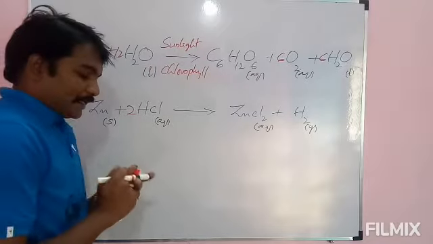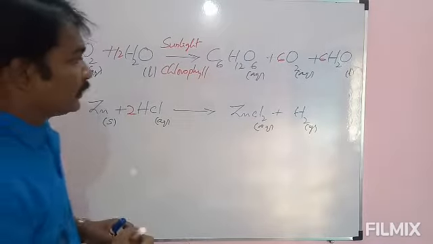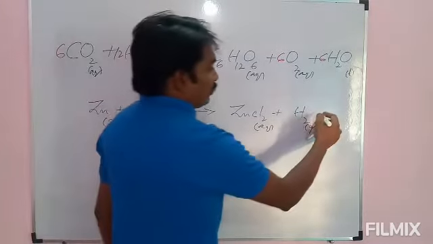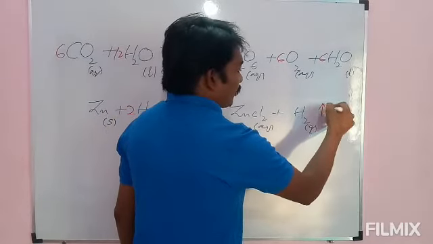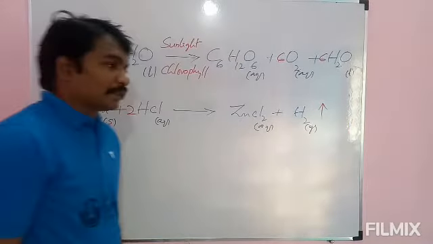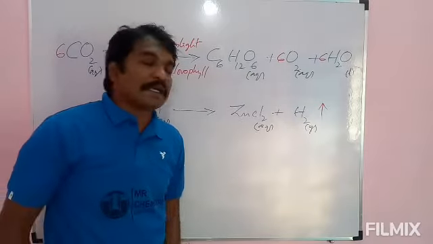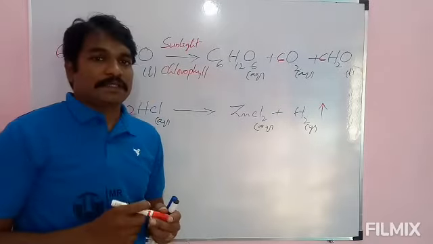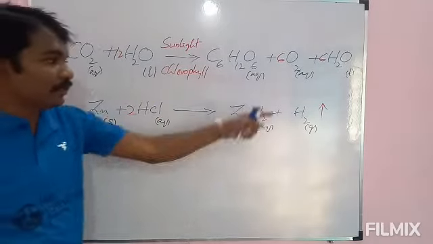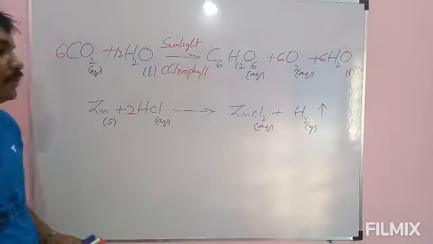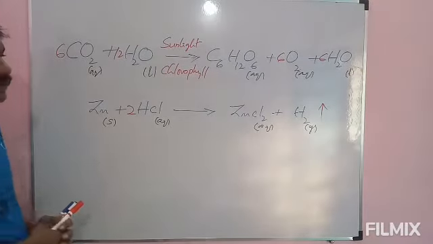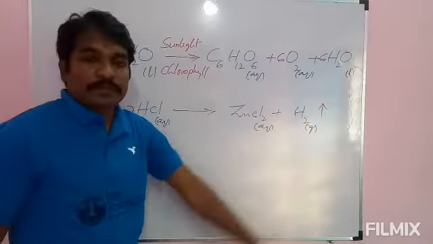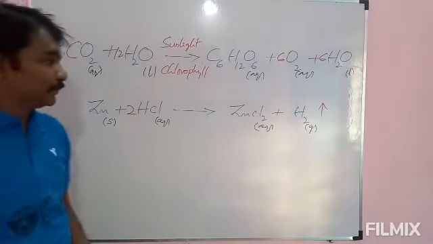See here, if any gas is evolved on the product side, we have to show it with an upward arrow mark. The upward arrow mark represents gas evolved in the reaction. Okay, that is a new point here. We have to show the gas formed with the help of an upward arrow mark.